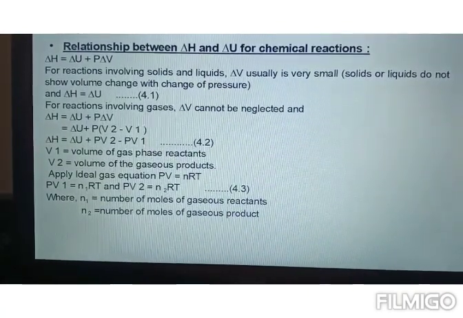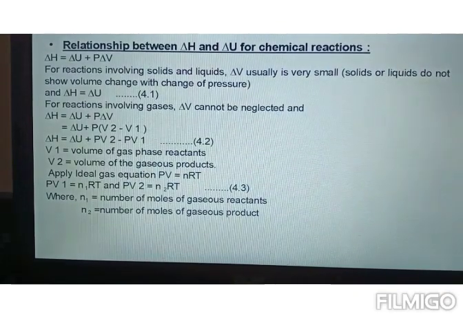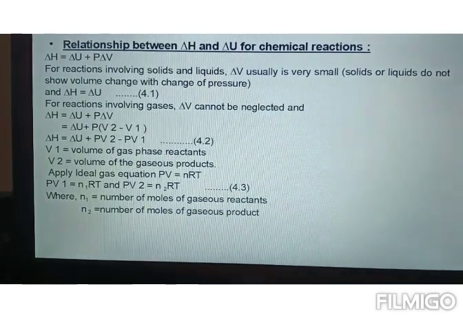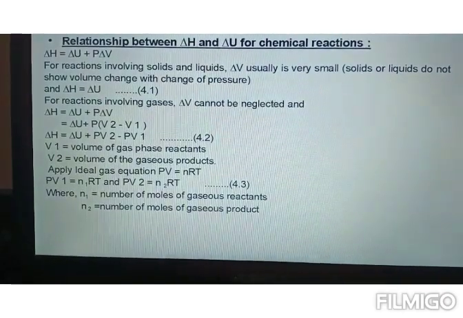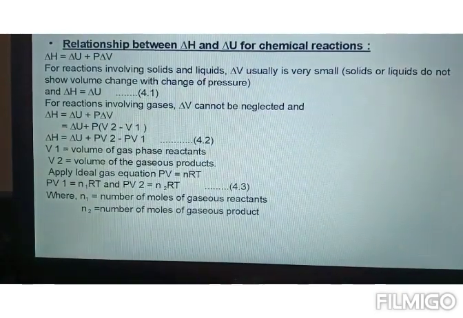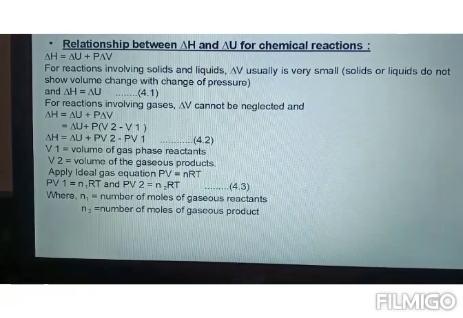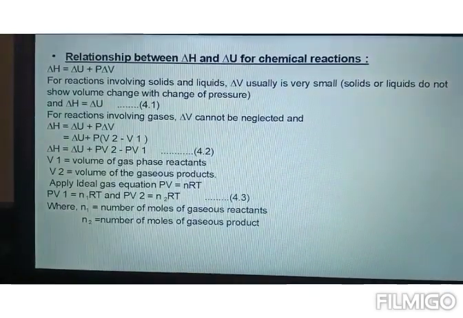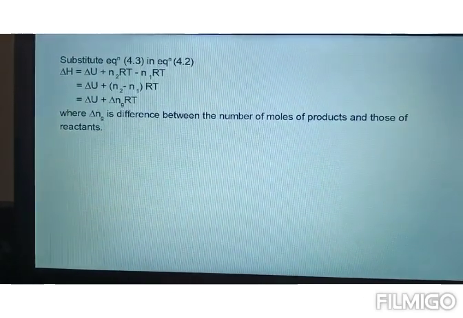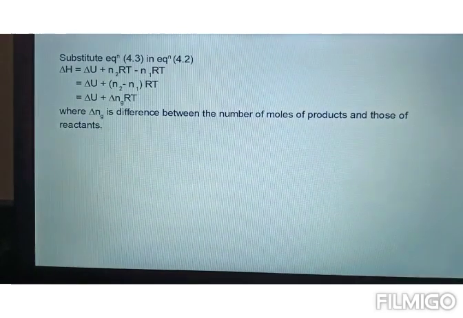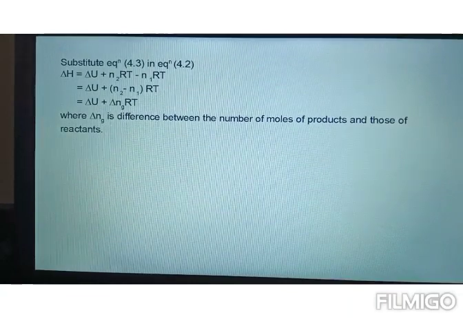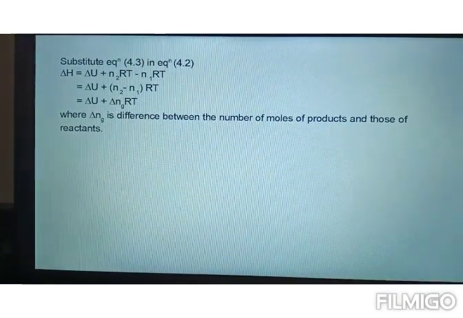Now again in the same manner apply the ideal gas equation, which is PV is equal to nRT. For the gaseous reactant it is PV1 is equal to N1RT and PV2 is equal to N2RT, where N1 is the number of moles of gaseous reactant and N2 is the number of moles of gaseous product. So substitute equation 4.3 in equation 4.2. What we'll have is delta H is equal to delta U plus N2RT minus N1RT.